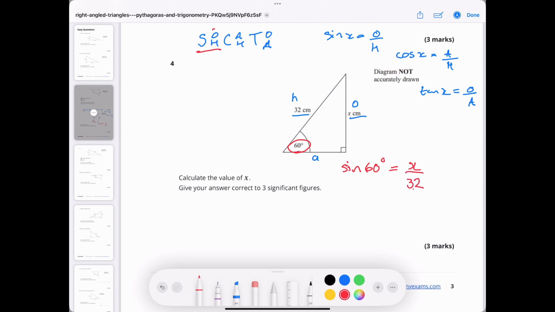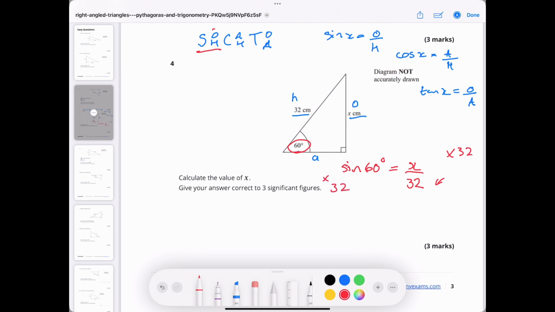And then we know that we can't put this into our calculator. So what we're going to do now is X is being divided by 32. So if I said, what is 32 doing to X? You would say, because it's under that line, it's dividing it. So now we're going to times both sides by 32.